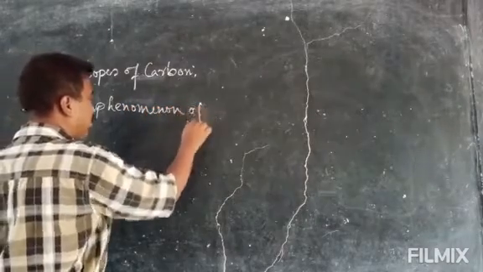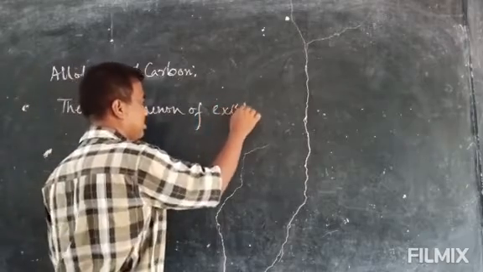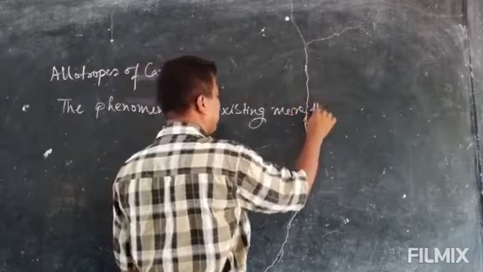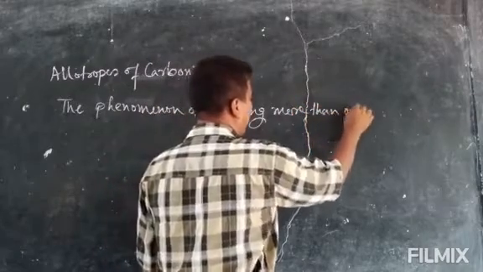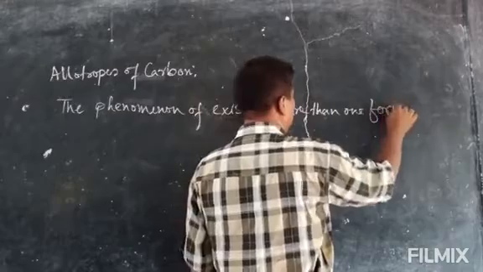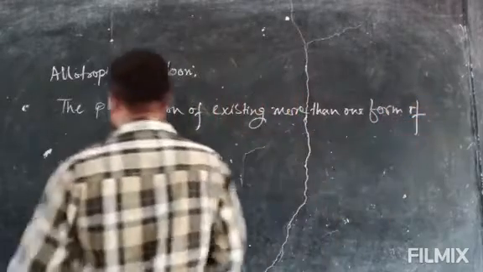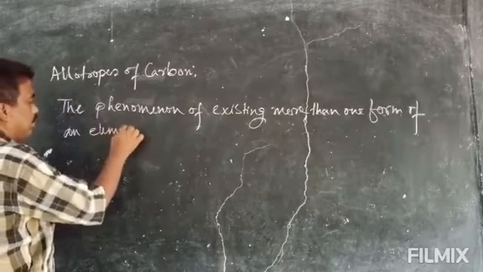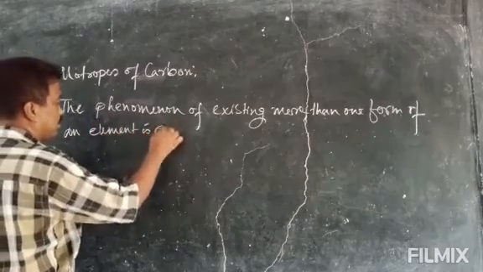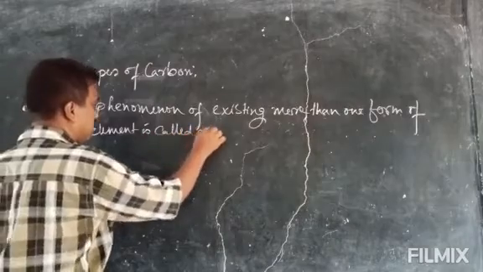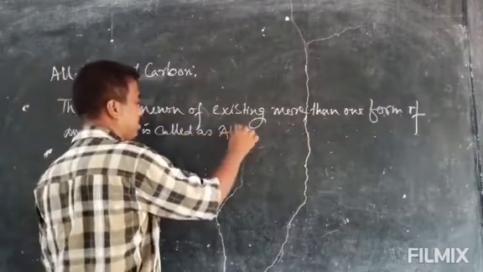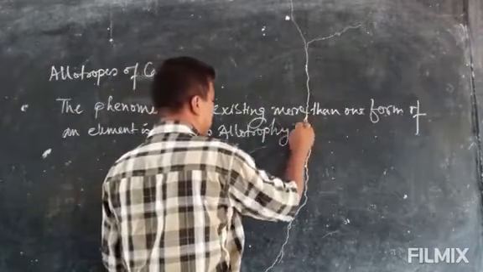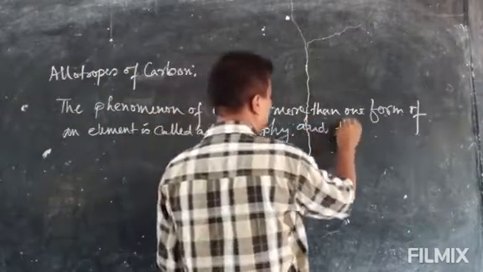The phenomenon of existing in more than one form of an element is called allotropy.